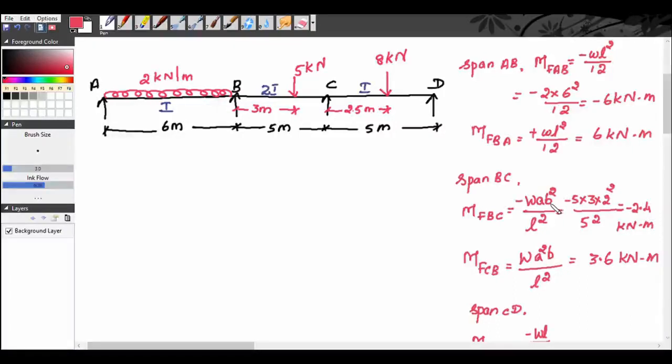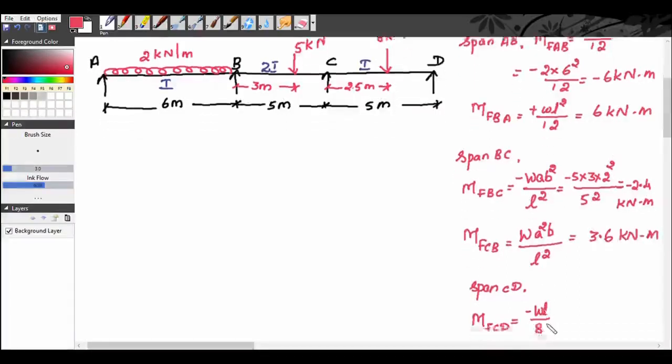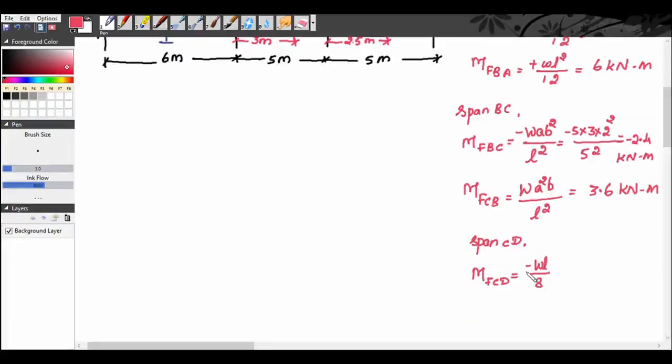So, our fixed end moment MFCD is equal to minus WL by 8, because you substitute A is equal to L by 2 and B equal to L by 2. So that is equal to minus 8 into 5 by 8. That is minus 5 kilonewton meter.